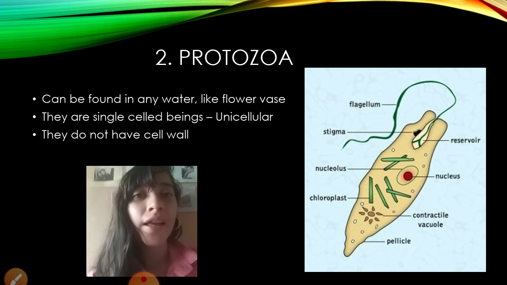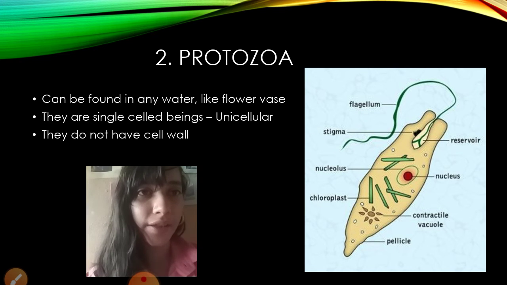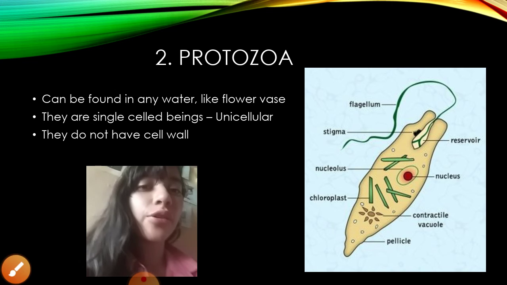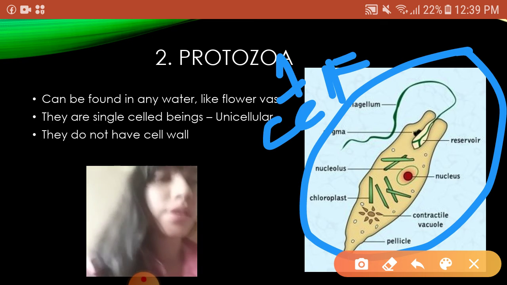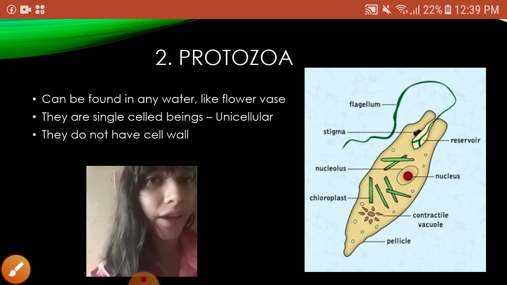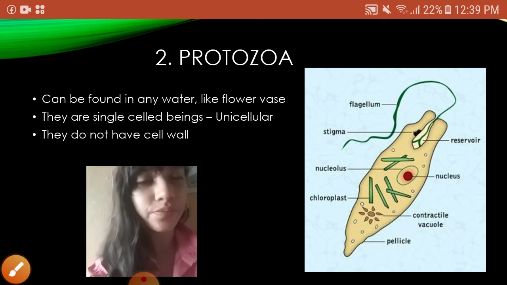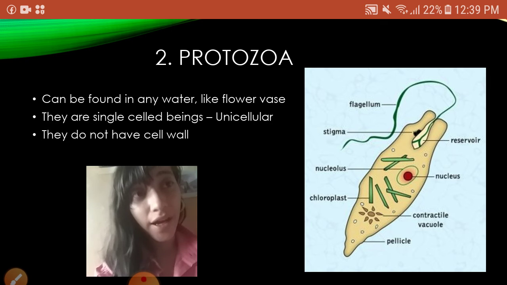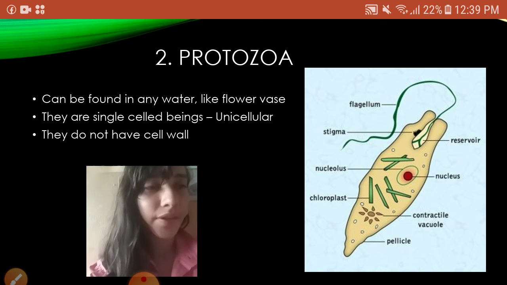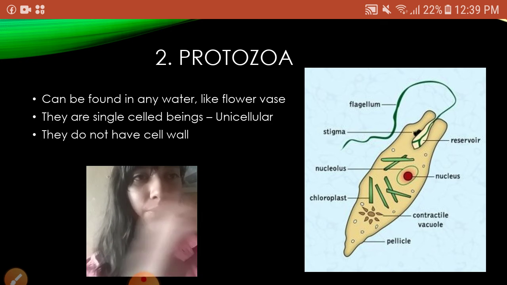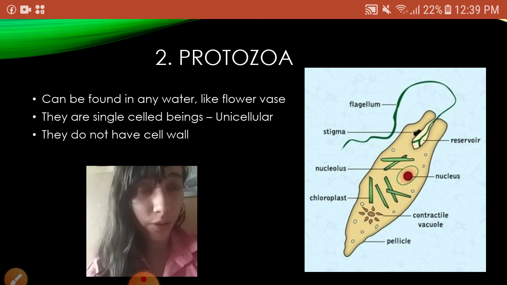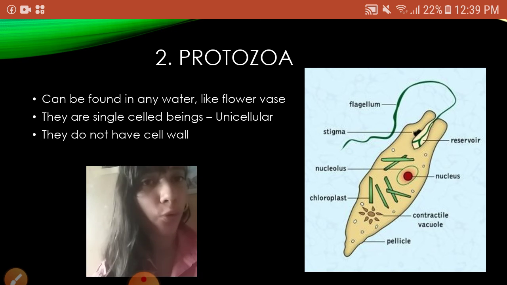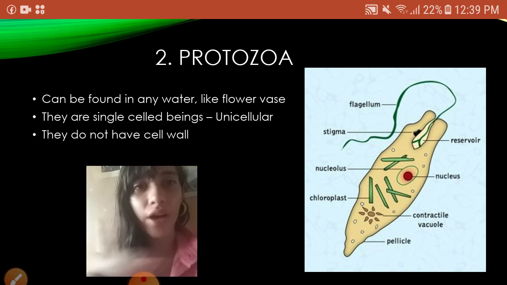They are single celled. That means they are unicellular, only one cell. Two, they do not have a cell wall. We have cell walls in our cells, but these are microorganisms formed by only one cell. They can be found in any water and they don't have cell walls.